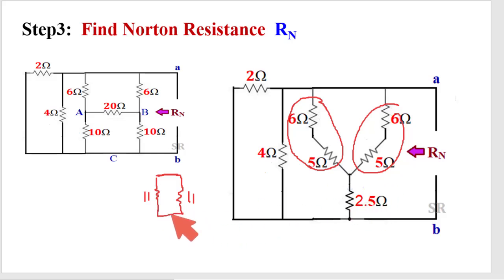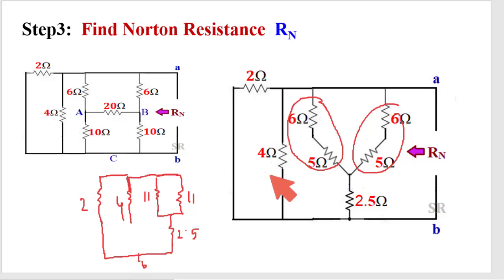From here 2.5, this is another path 4, another path 2, and ultimately this 2 is coming to point B, 4 is coming to point B, and this combination is coming to point B, and here this is A.